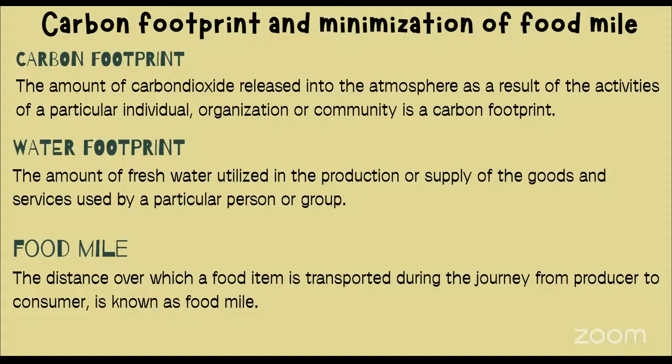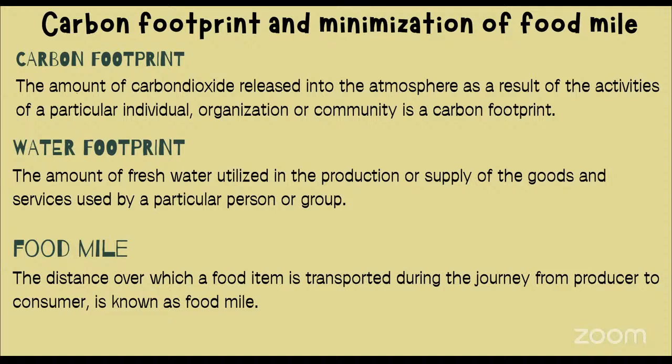Then finally, food mile. Food mile is basically the distance that the food is transported all the way to the consumer. For example, let's say your vegetable is coming from Dambulla. The distance from Dambulla to your supermarket, plus the distance from the supermarket to your house, the addition of all of that is the food mile.